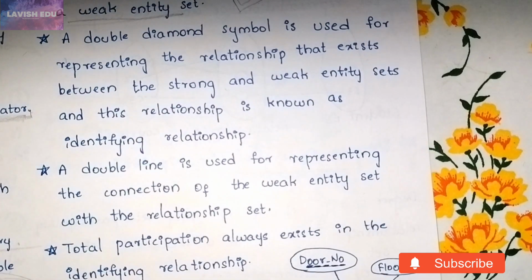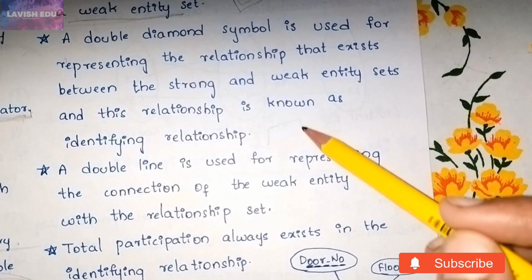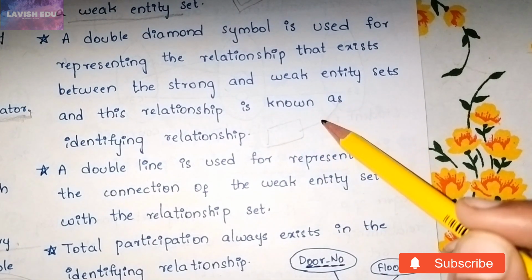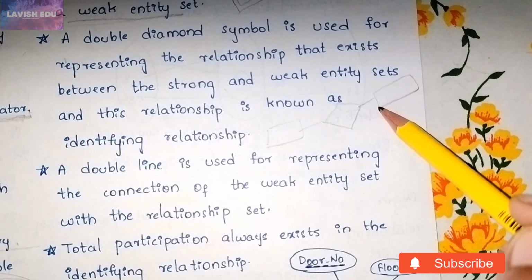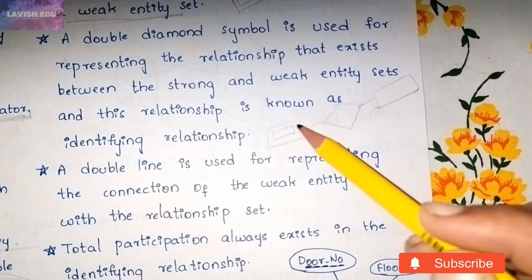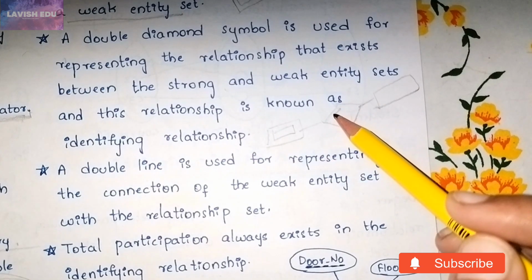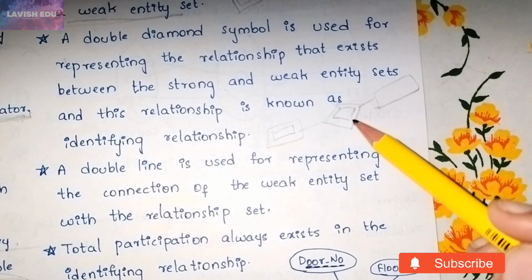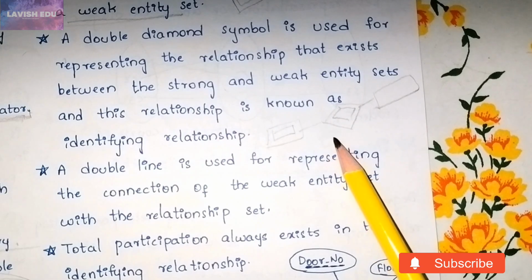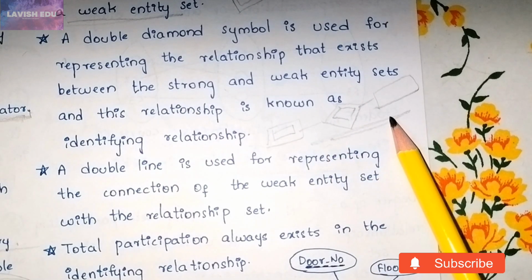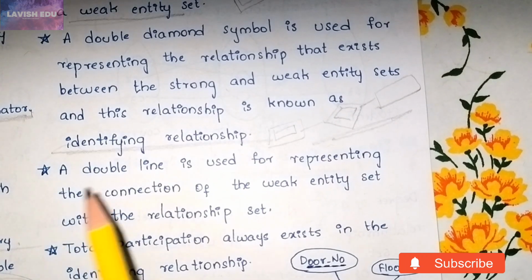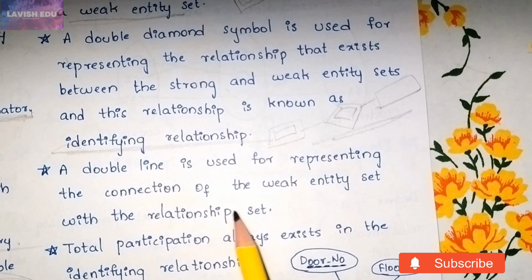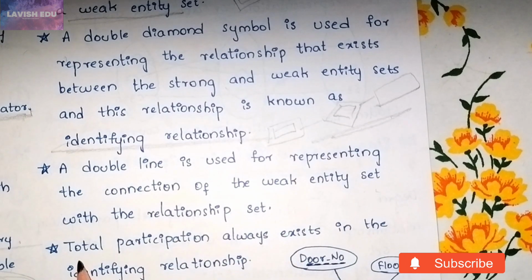As we have already seen in the previous classes, a relationship can be represented in a diamond shape, whereas the relationship between the strong entity and the weak entity is represented in a double diamond shape, known as an identifying relationship. And a double line is used for representing the connection of the weak entity set with the relationship set.